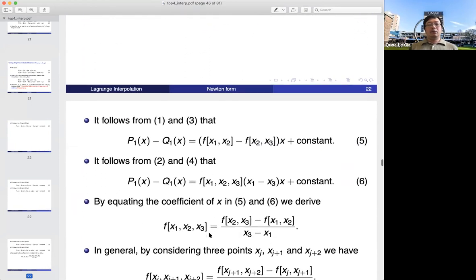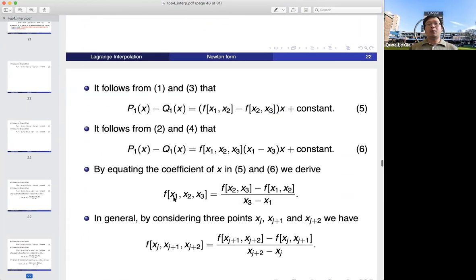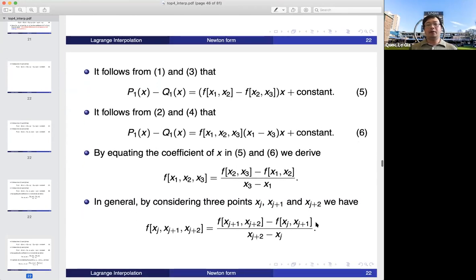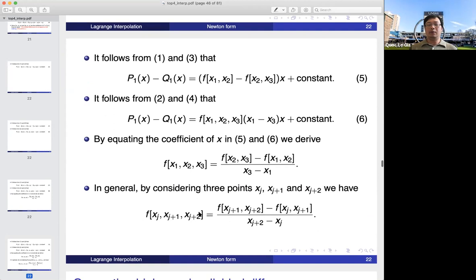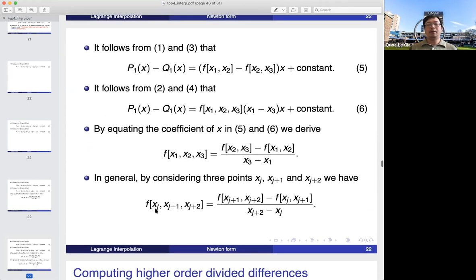And now, if you replace x1, x2, x3 by other 3 points, xj, xj plus 1, xj plus 2, then you can repeat the process and you get the same formula. So you replace x1 by xj and x2 by xj plus 1 and x3 by xj plus 2, and you get the same formula here.